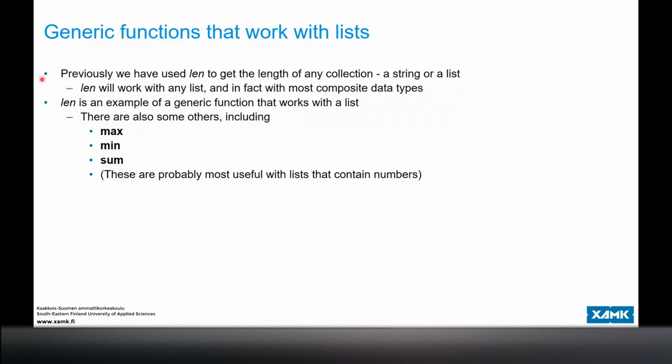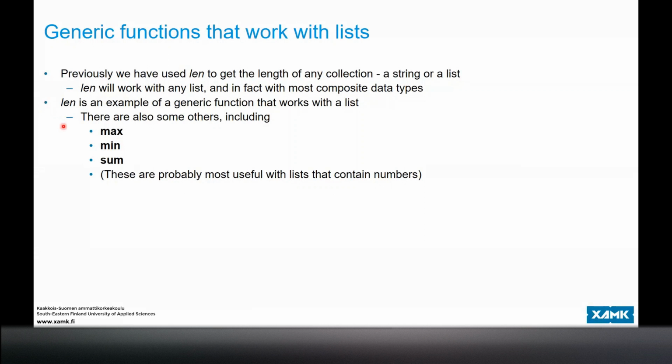These are just functions that you call and you give the list that you want to work with as a parameter to these functions. So previously we have used len to get the length of some collection. So len indeed is an example of a generic function that also works with a list.